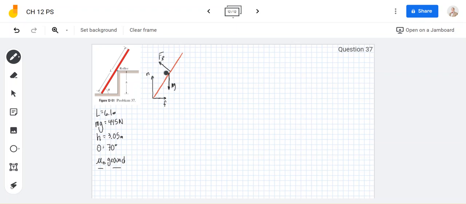The angle here is also going to matter in a moment. Actually, I'm going to make it a little longer. So that's the force from the roller.